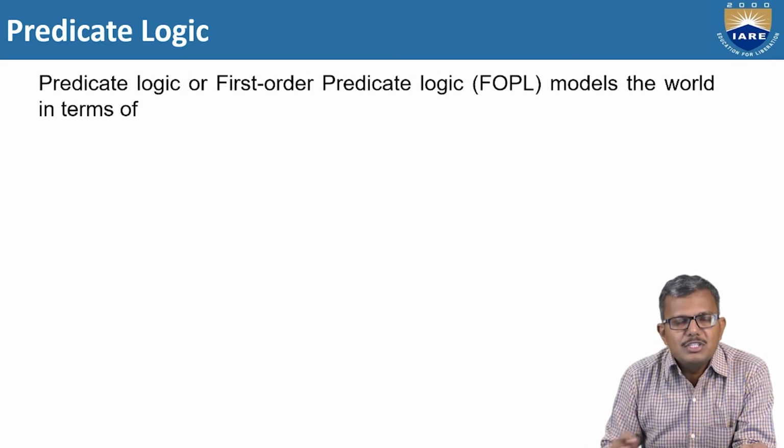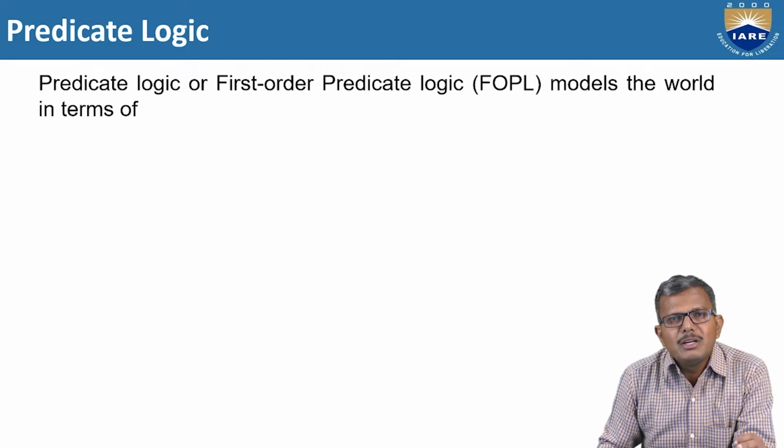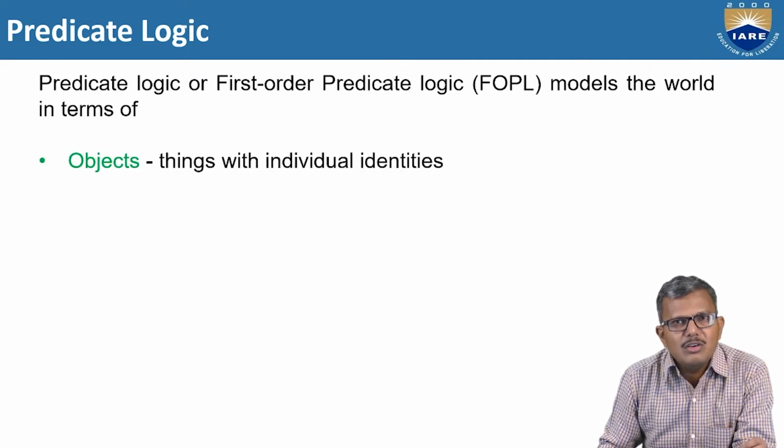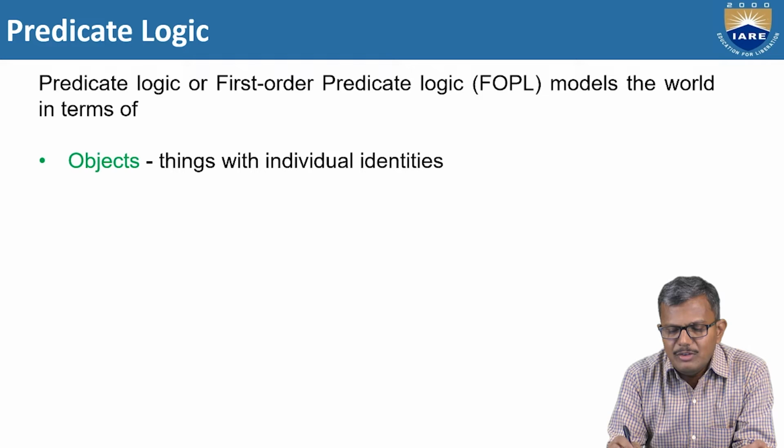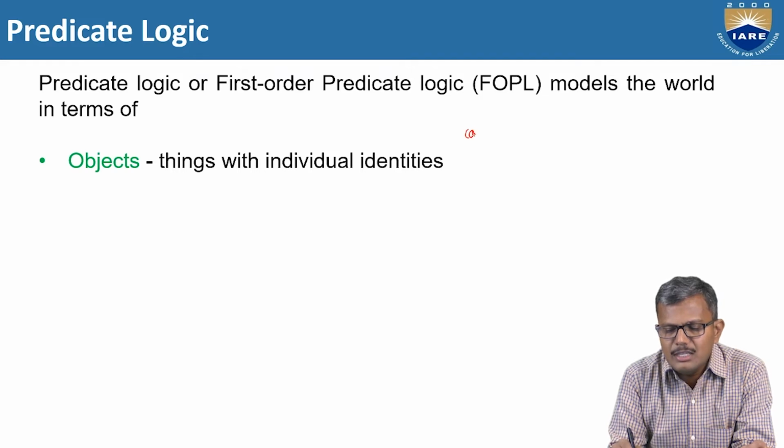In predicate logic, we are going to see some different terms. We need to understand some terminology so that it becomes very easy to understand the other representations. The first one is objects. Objects are nothing but things with individual identities. For example, if I take animal, I can say cat is one object.